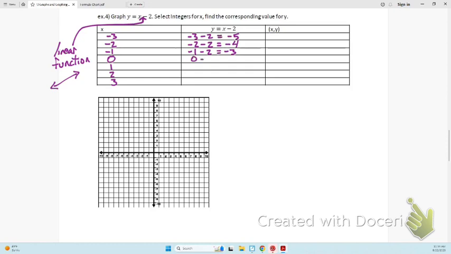Plug in 0, plug in 1. Whoops, I wrote that wrong. I was going to say it's not following the pattern. Plug in 2. And lastly, plug in 3. This one I hope is very easy. I totally realize 7 points is a little bit overkill, but it's good practice plugging in.